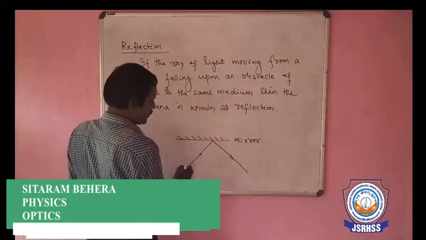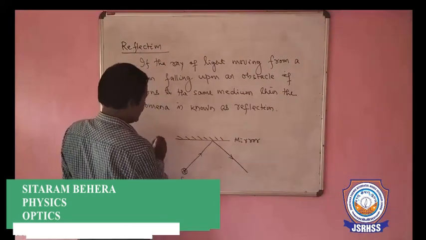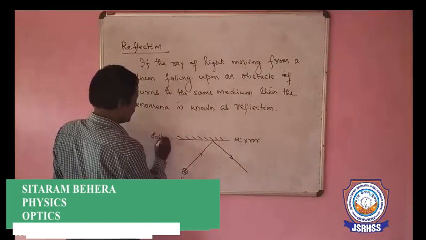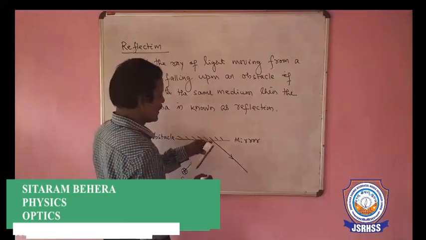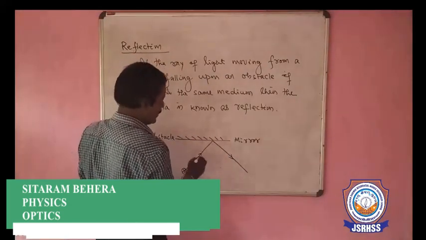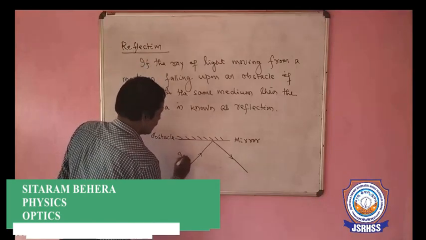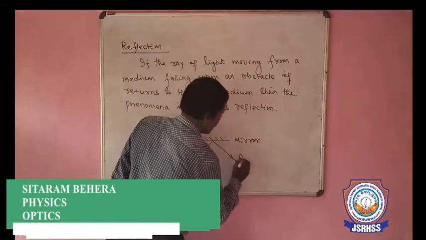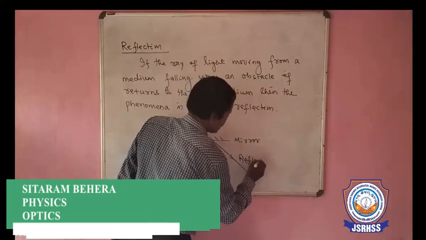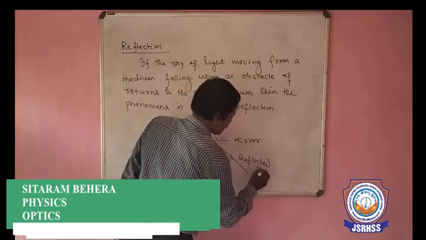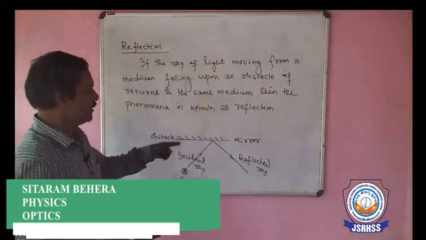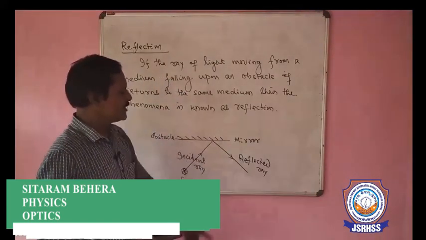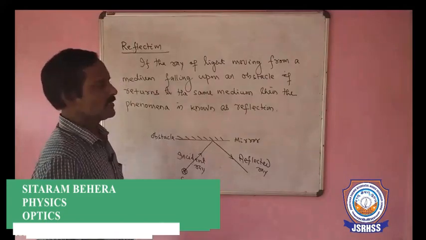Now, if light moving from the source S, falling upon the obstacle, which is prohibiting light to pass through, then falling upon the obstacle, returns to the same medium, this is your incident ray, this is your reflected ray. If a ray of light moving from a medium, falling upon the obstacle, returns to the same medium, then the phenomenon is known as reflection.